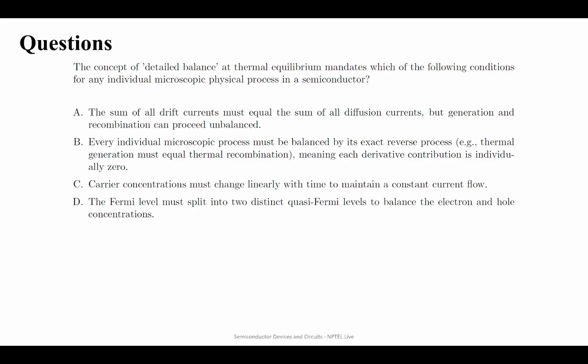Every individual microscopic process must be balanced by its exact reverse process, that is, thermal generation must equal thermal recombination, meaning each derivative contribution is individually zero. Carrier concentrations must change linearly with time to maintain a constant current flow. The Fermi level must split into two distinct quasi-Fermi levels to balance the electron and hole concentrations.